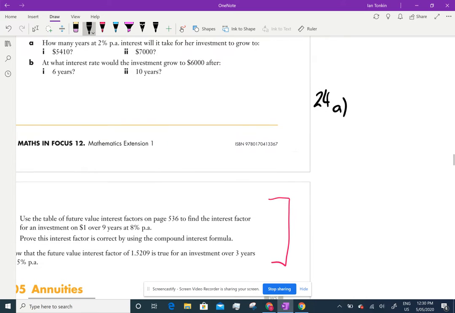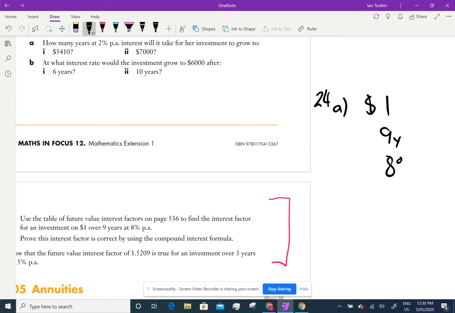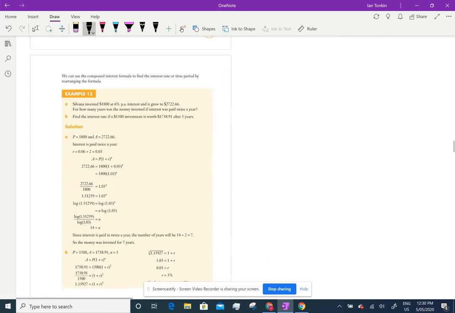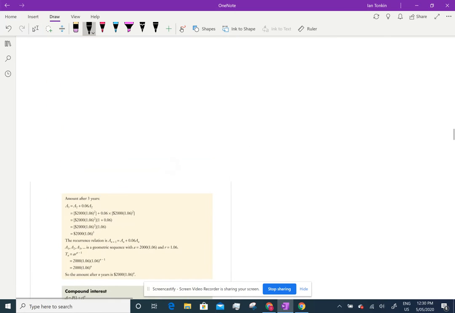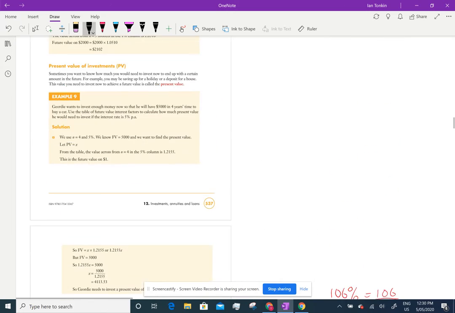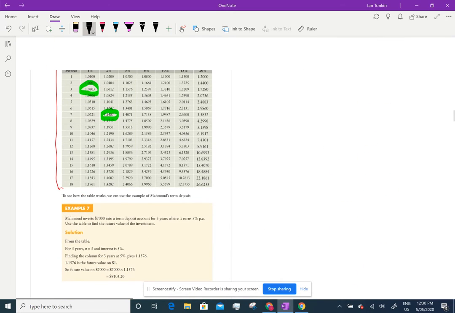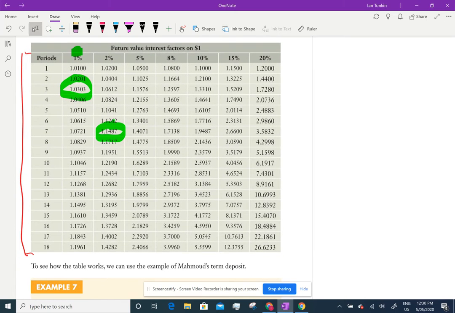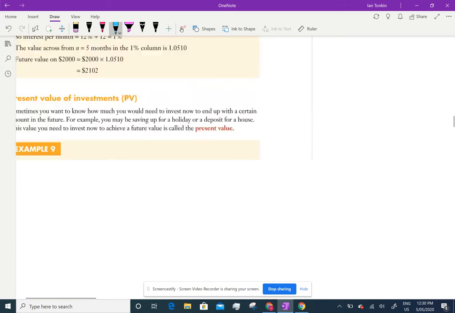a $1 at 9 years, 8%. So I have to go back to the table. It's a long way back. And here it is. So 9 years, 8%, there it is. 1.990.